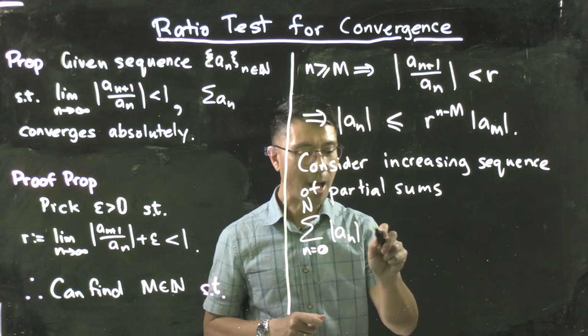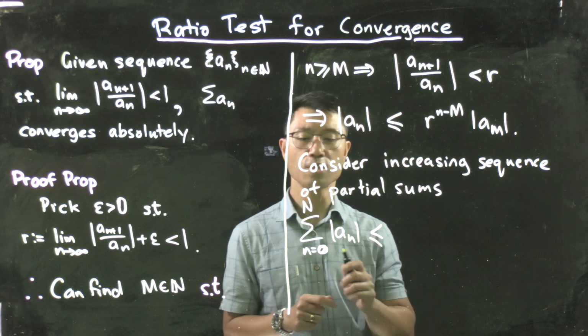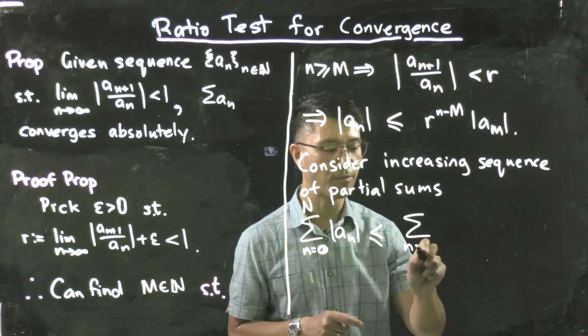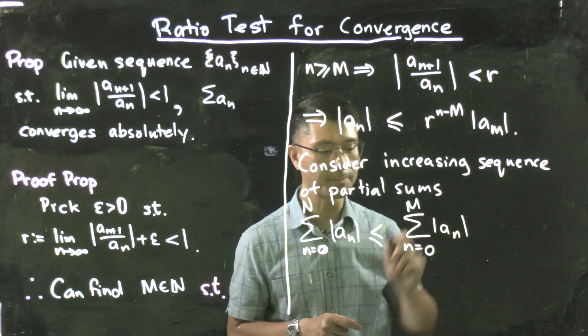Okay, so how can we bound this? Firstly, you can look at the first m terms, from n equals 0 up to m of the absolute value of a_n.